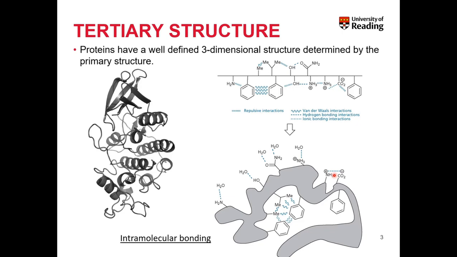So a lot of proteins will either be solubilized in the cytoplasm or in the blood or in intracellular fluid or whatever, but they'll be in an aqueous environment, so they need to be soluble. But the insides of proteins are often hydrophobic, and we can see an example of that here.